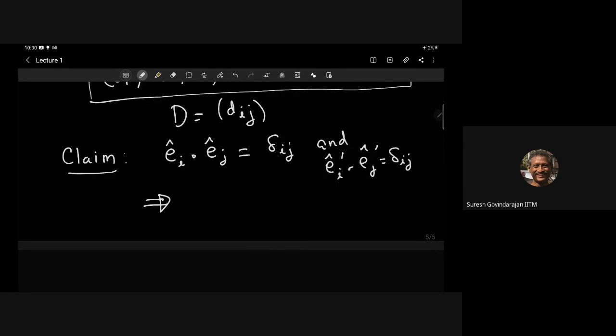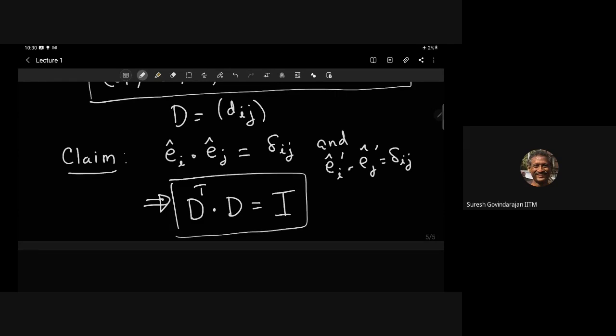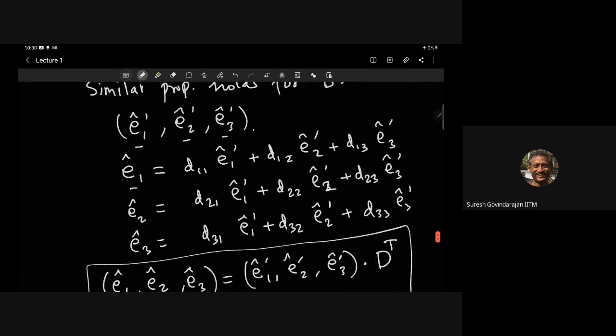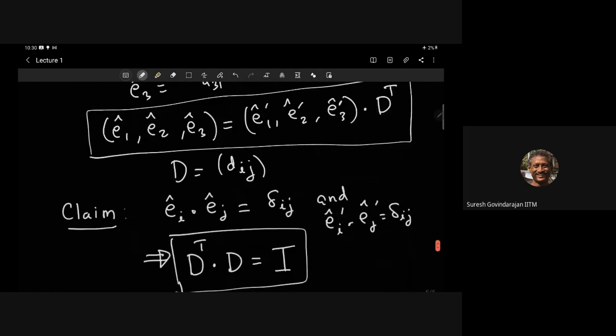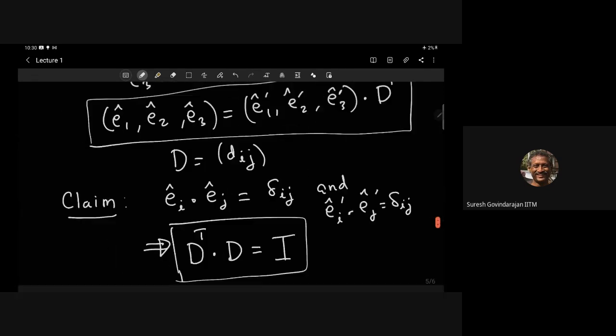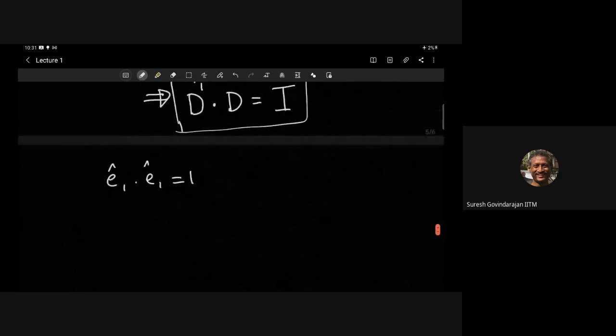That implies something about this matrix D. So far we just wrote an arbitrary matrix, but now we have to use, for instance, let's do two of those things. Let's say E1 hat dot E1 hat should be equal to 1. If we do that, we'll see something very simple.